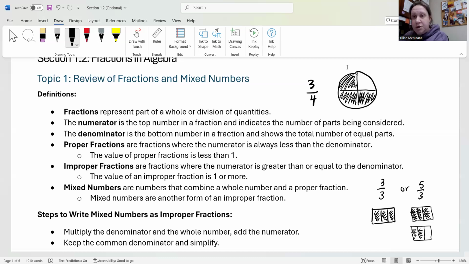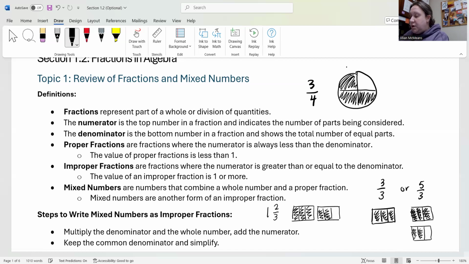So mixed numbers are just another form of an improper fraction. So for example, if I had 1 and 2/3, I could take one rectangle. I want to split it into 3 equal pieces, and I need 1 whole rectangle colored in, but then I need another rectangle split into 3 equal pieces, and I want just 2 of those.